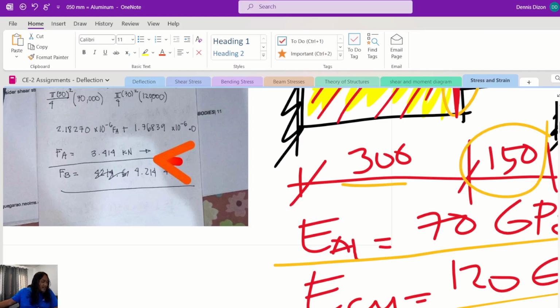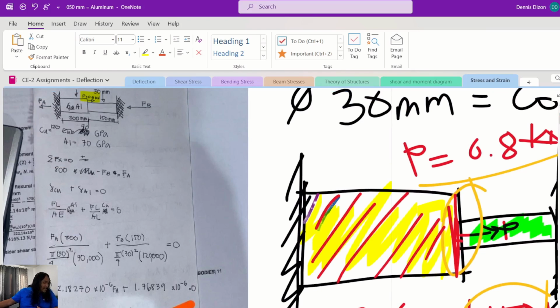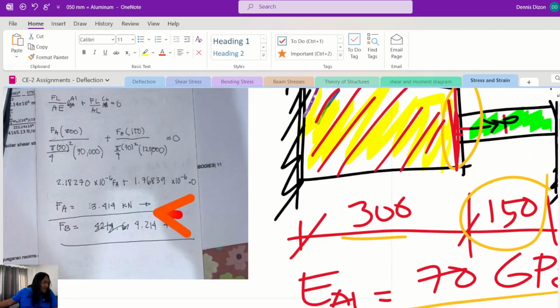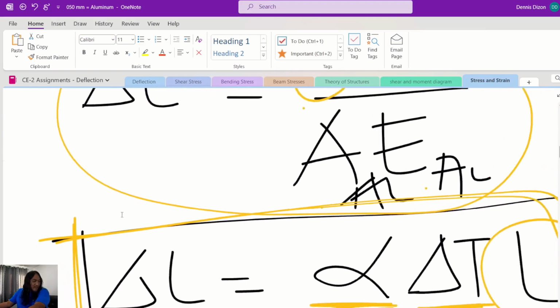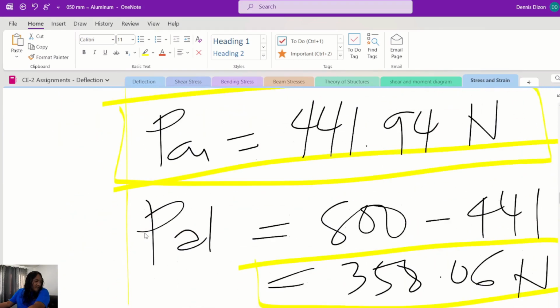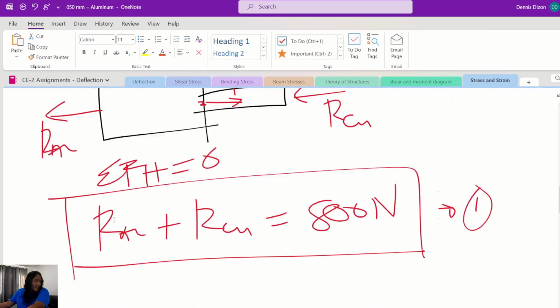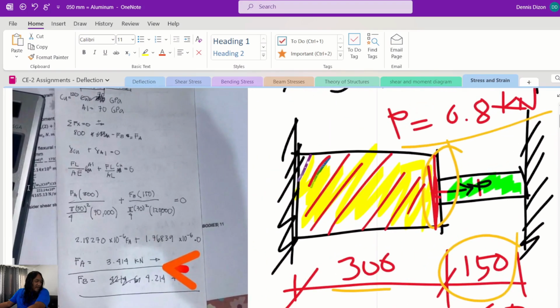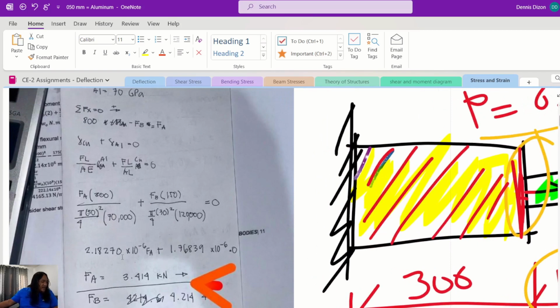So that's already a mistake. Although his solution is correct, maybe when he rounded off his equation or answer here, because you should not round off your number unless that's the final answer.